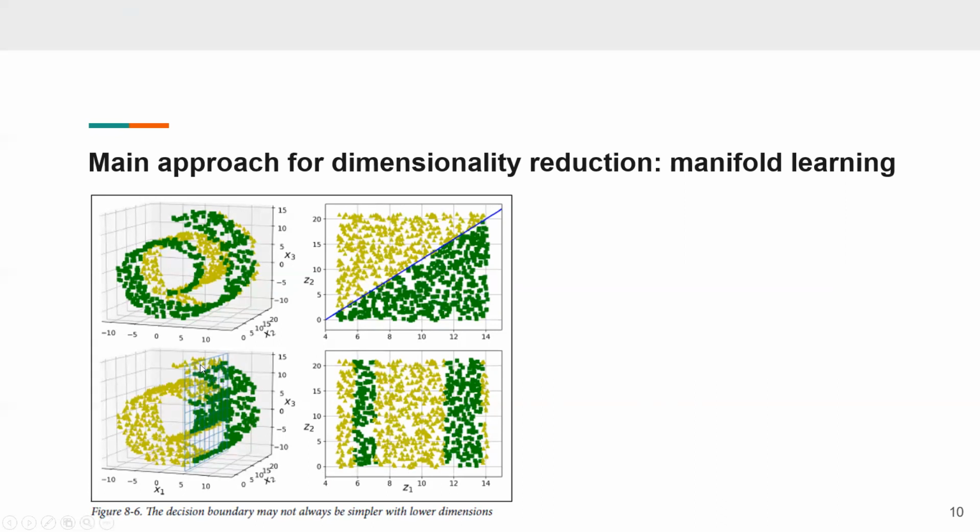You would be able to come back with this hyperplane, x1 equals 5, to differentiate the green versus the yellow.